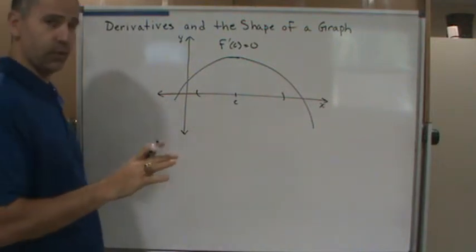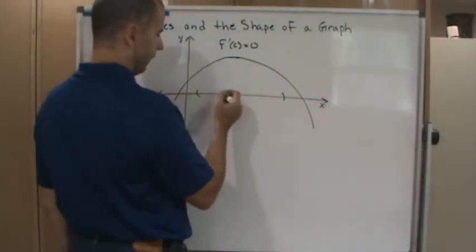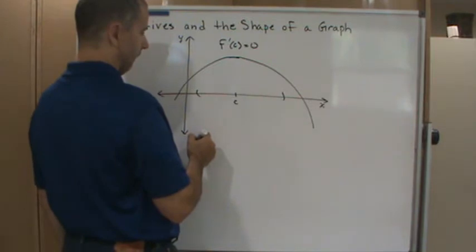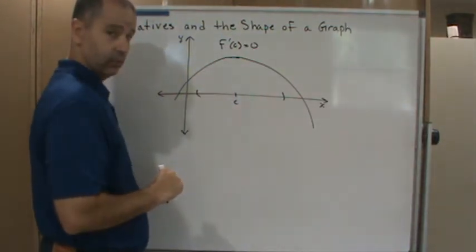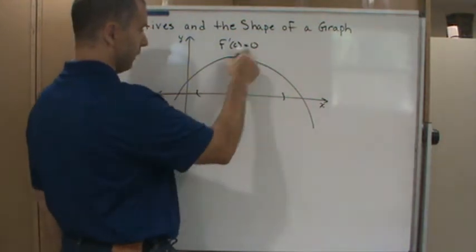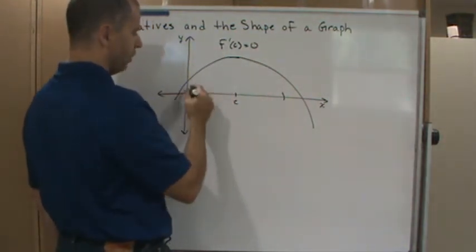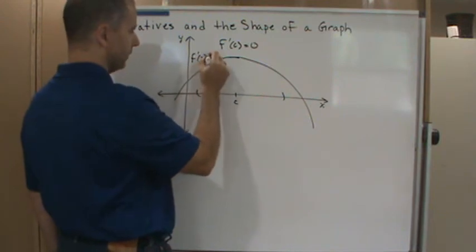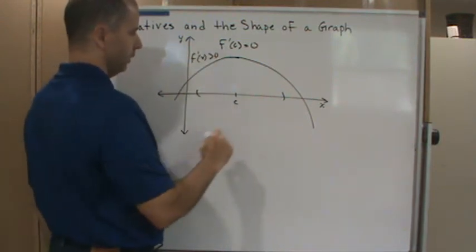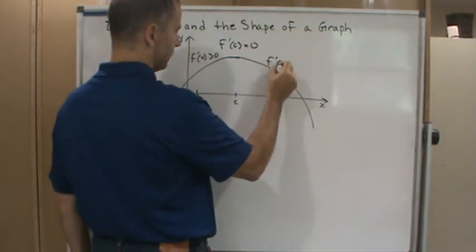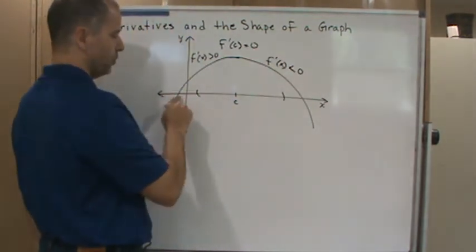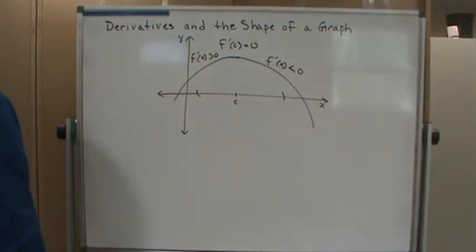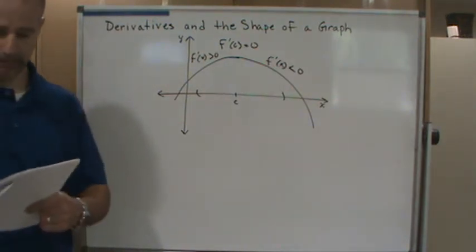Because if we have a continuous differentiable function, and we have a critical value at C, and it's defined at C, and the derivative exists at C, then the only way that you could go from, for example, f prime of x being greater than 0 to f prime of x being less than 0 as you go through C is if f prime of C is 0.